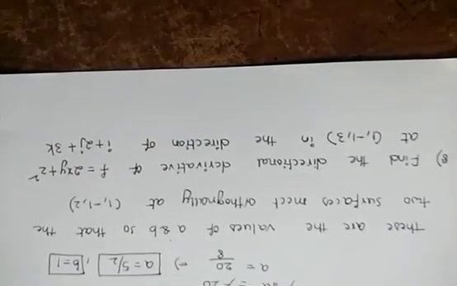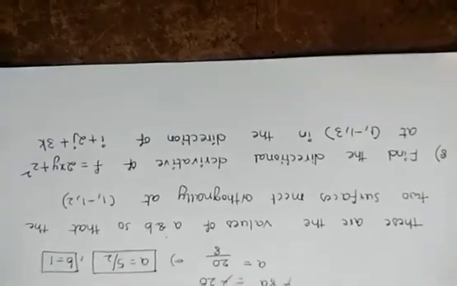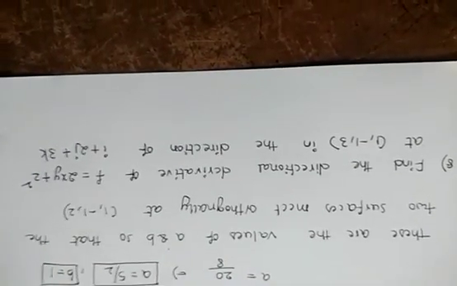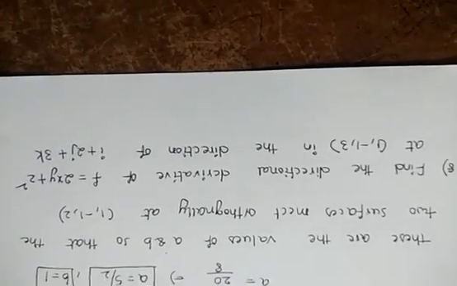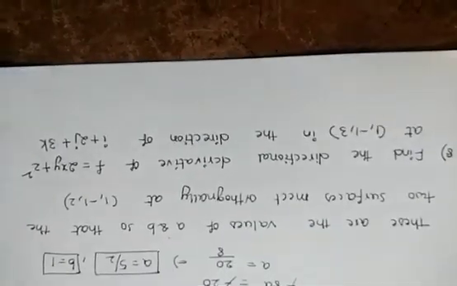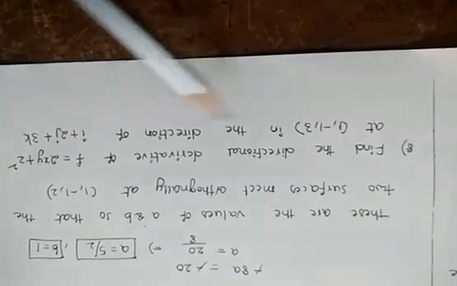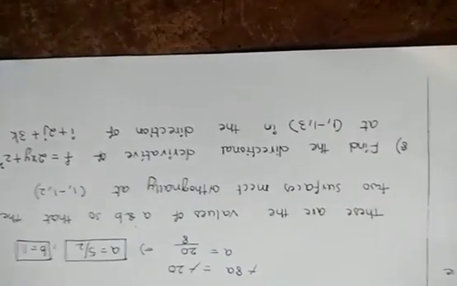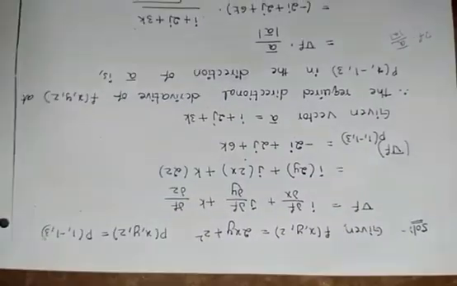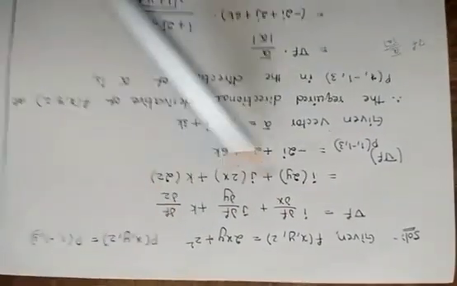Next sum, find the directional derivative of f at the point 1, minus 1, 3 in the direction of i plus 2j plus 3k. So here given scalar potential function f, point p of x, y, z, direction a bar. So write the given values f, p and del f.